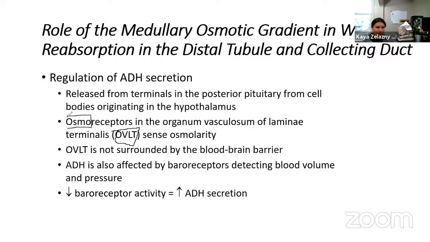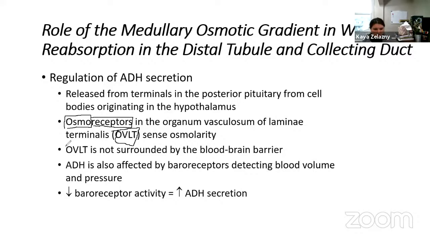Osmo means they're sensing osmolarity. Receptor means they're sensing something. What they're sensing is how much solute is in your blood, basically how salty is your blood, right? So when they sense that you don't have enough water to make the plasma an appropriate concentration, it's going to tell you to reabsorb more water so that you preserve that in your plasma. Right? So that's what the osmoreceptors are doing.